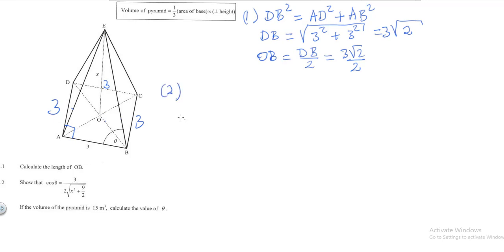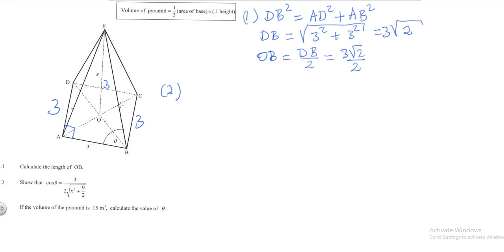Number 2, cos theta, to show that cos theta is 3 over 2 root, square root of x squared plus 9 over 2.